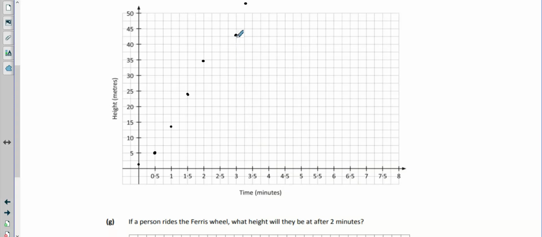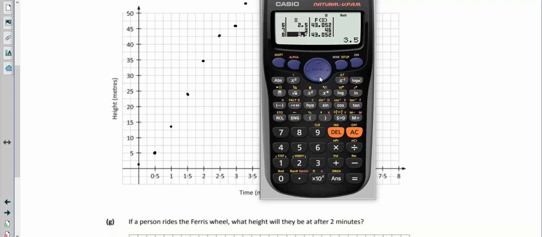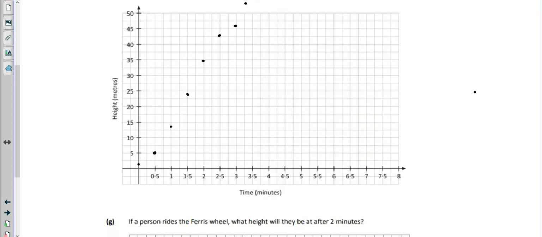Wait, I did that wrong. This one should have been there. It actually should be symmetrical on the way down now, shouldn't it? It's going to be symmetrical on the way down, so that makes my life easy. What happened to me? Okay, here we go. Should be easy now. That one.